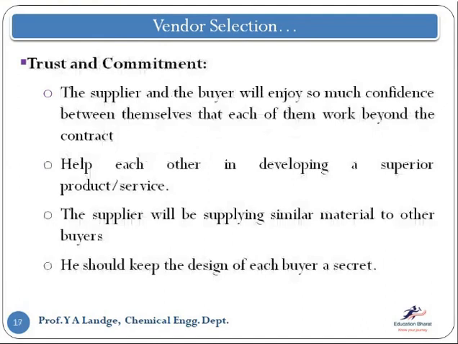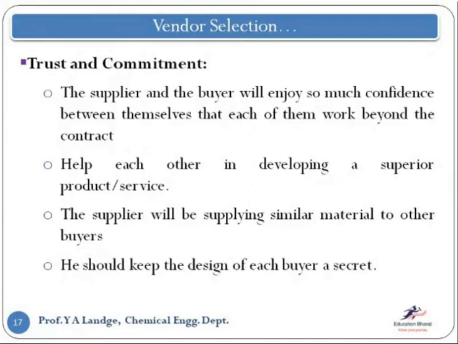Trust and commitment. This is another factor that we need to check in vendor selection and partnership. The supplier and the buyer will enjoy so much confidence between themselves that each of them works beyond the contract. Trust and commitment is very important. Once you commit, then there will be trust.